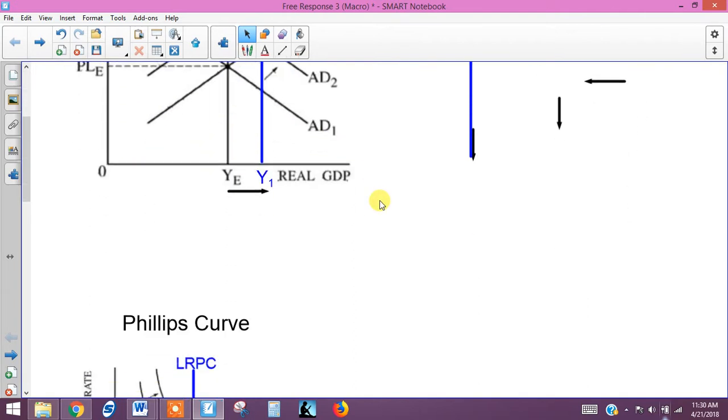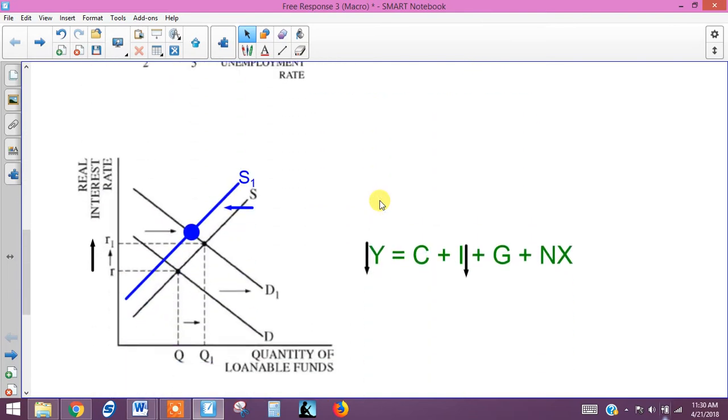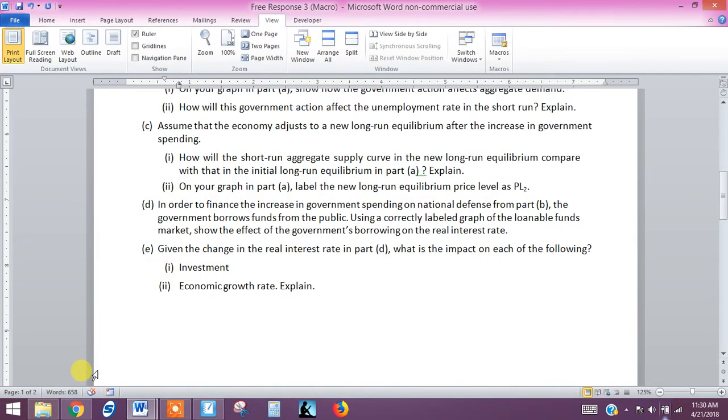But then what would happen in the long run is that, because of other factors, in this case the fact that firms are going to invest less, that could drive the aggregate demand curve back to the left. Okay, but for the purposes of the problem, if you're doing this on a real AP exam, you just want to make sure you answer the questions.